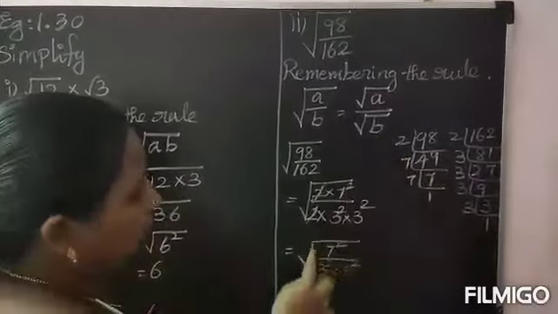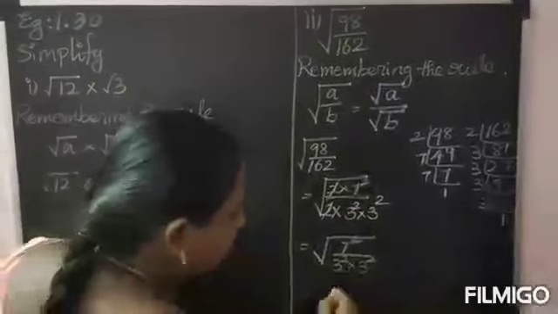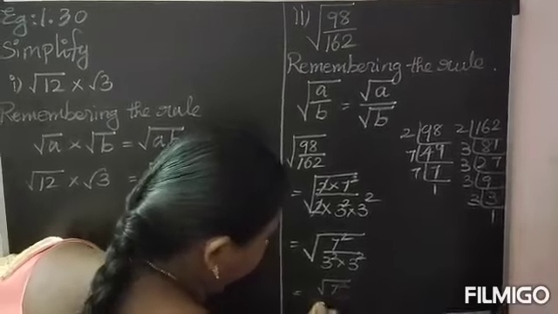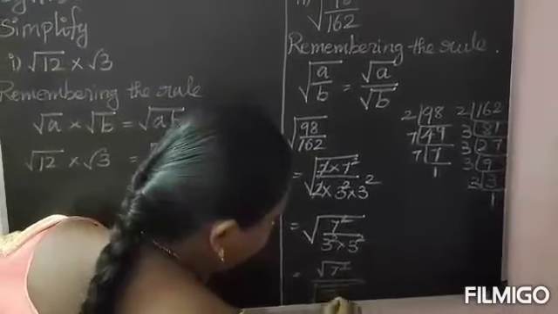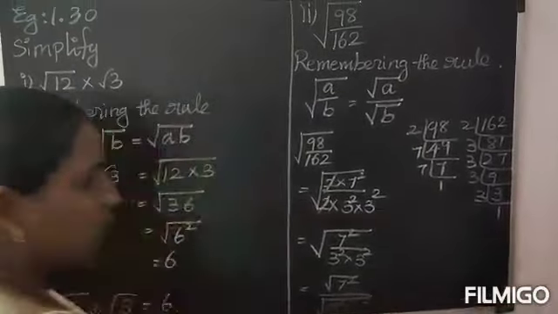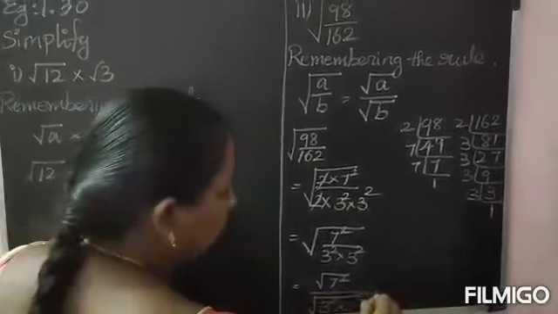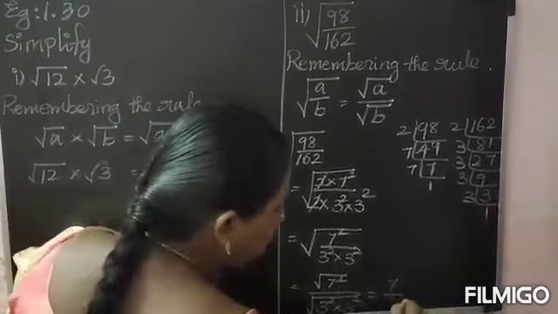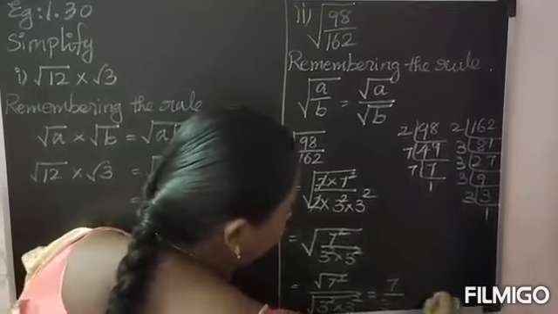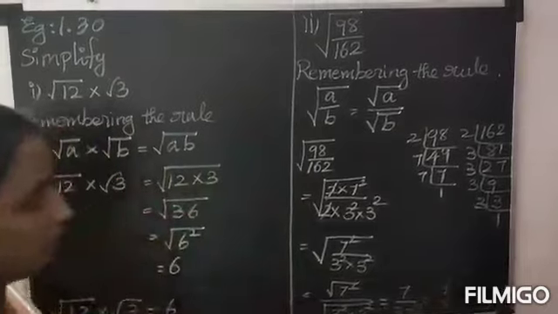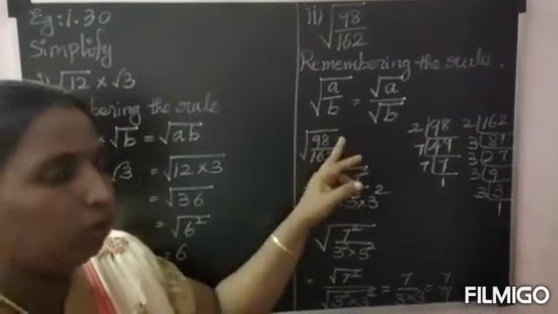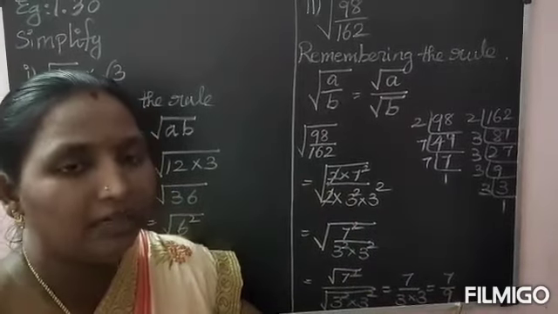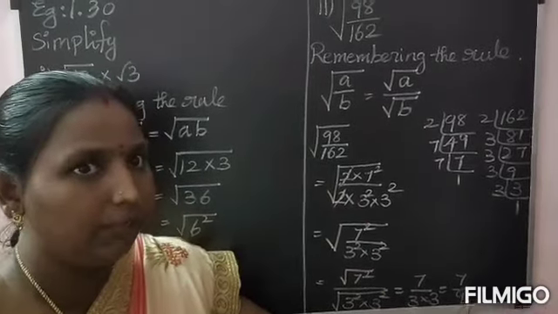Using this rule, you can split this square root: square root of 7 square divided by square root of 3 square into 3 square. The square and square root will get cancelled. What will you get? 7 divided by 3 into 3, so 7 by 9 is the answer. Last step, write square root of 98 by 162 equal to 7 divided by 9. Is it clear?